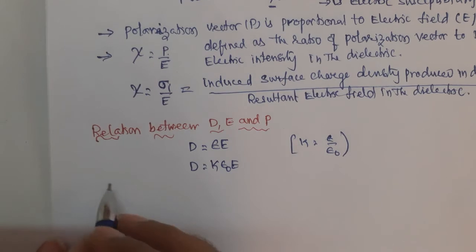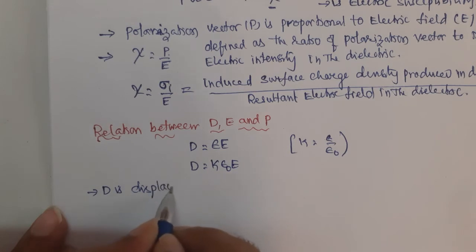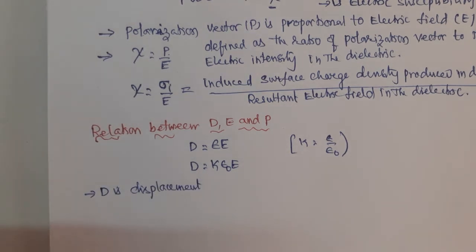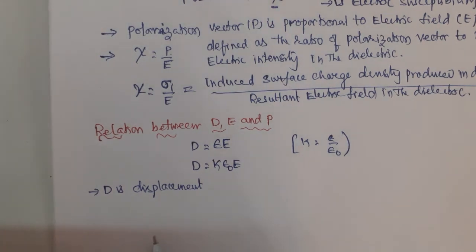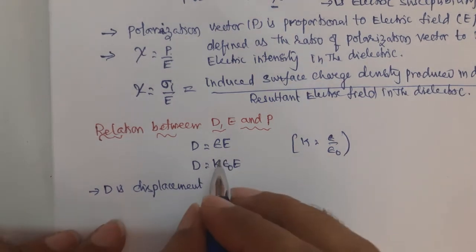Now, what is this D? D is the electric displacement, or displacement vector.